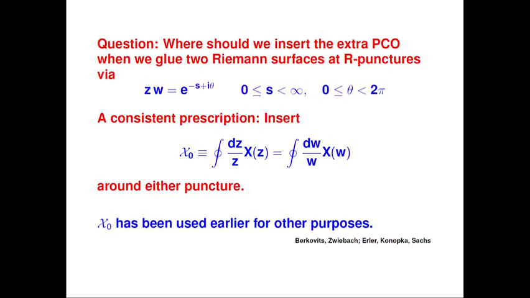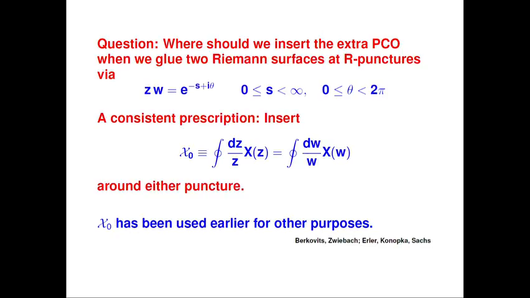It is in the same spirit that we described yesterday, that instead of taking a given section, you may be able to average over sections, because after all the formal sum over sections is perfectly sensible, because you are ultimately interested in integrating forms over the sections. So, the averaging that you do is this way: you take either the Z coordinate or the W coordinate, it does not matter, and insert the picture changing operators around either of these punctures with this weight factor.